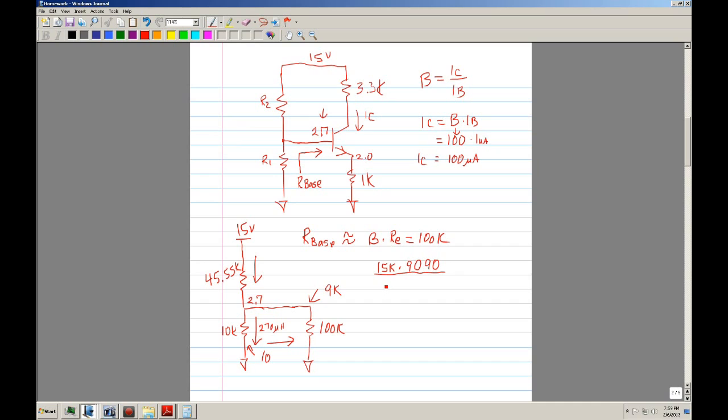I'm sorry, I'm adding it. No, you add them. The 45.5K plus 9.10K. What I did is I multiplied the top one. No, hang on. I want the bottom: 45.55 plus 9.09. That's what I wanted to get here.